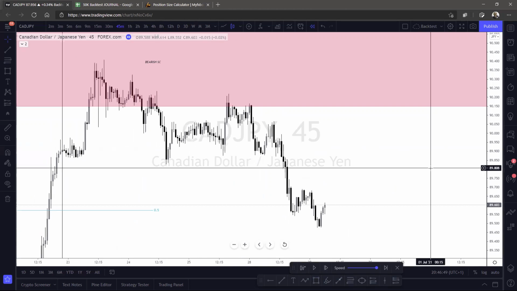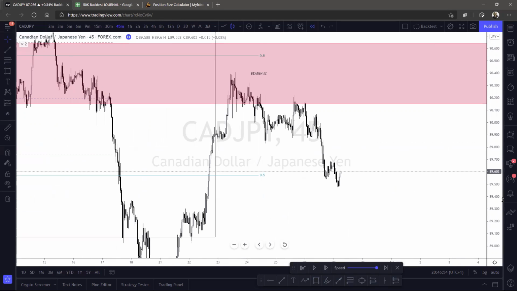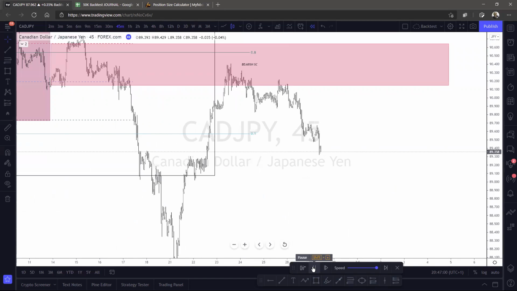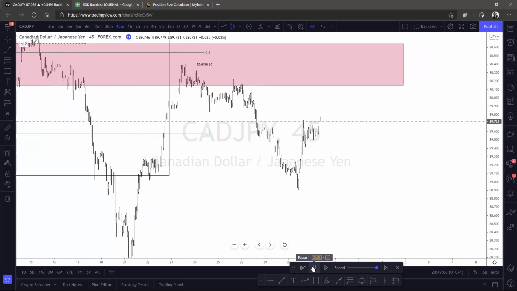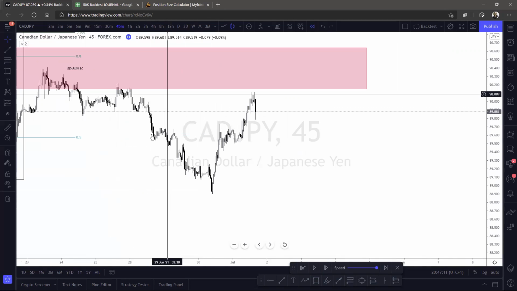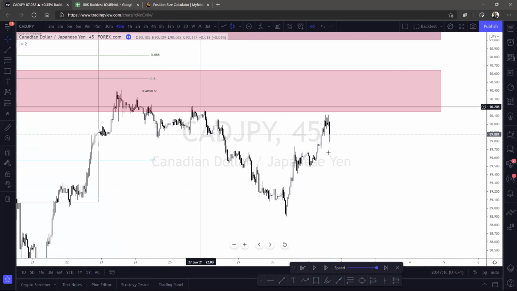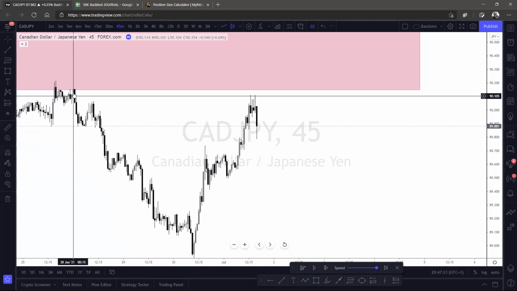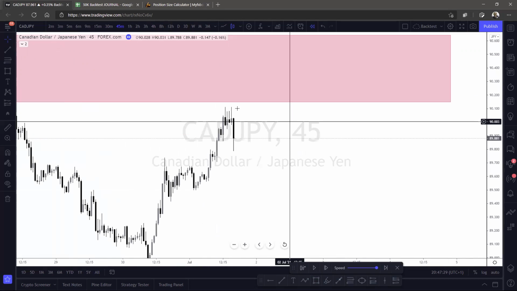Well, okay, I think we may have missed that. This was the area that I was looking at when price made that new low. So price made a high, low, lower high, lower low. This would have been something that I would look at. Now we've tapped into it.